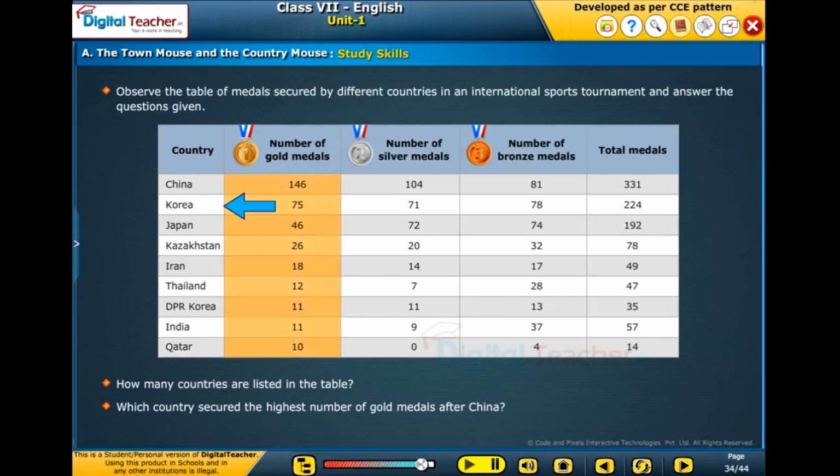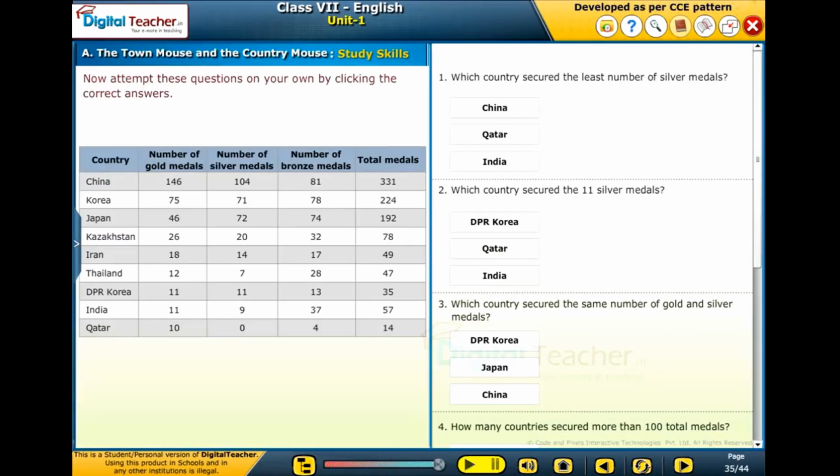Korea is the country which secured more gold medals after China. Now, attempt these questions on your own by clicking the correct answers.